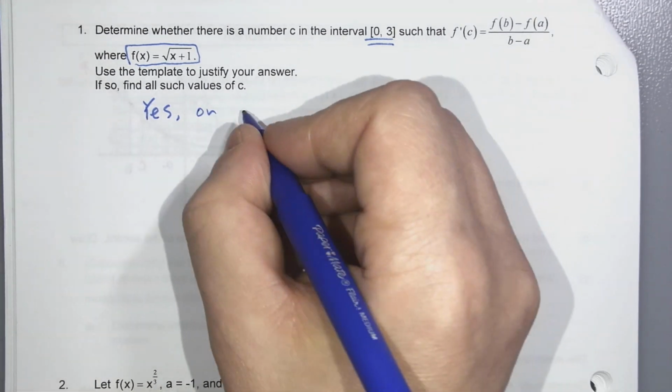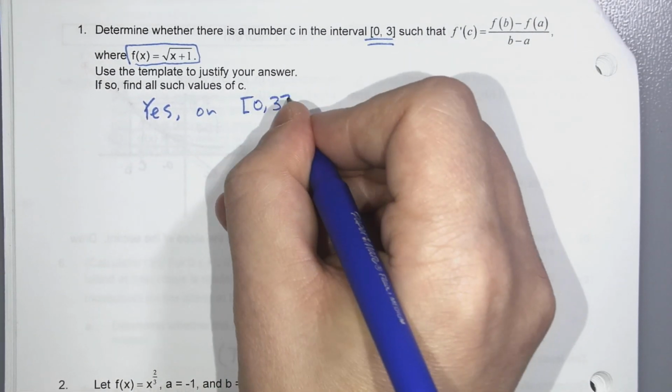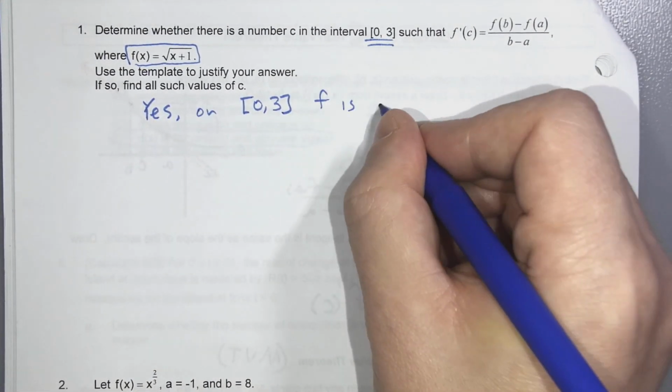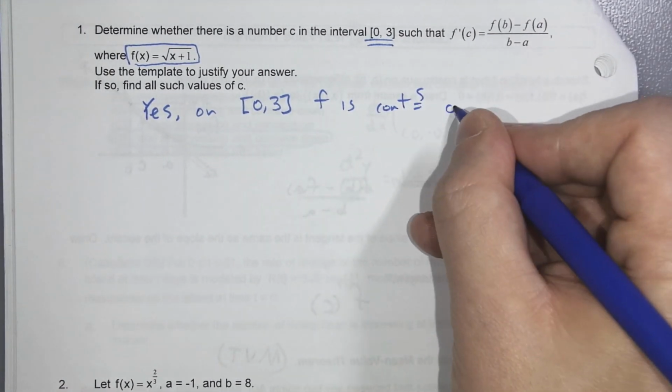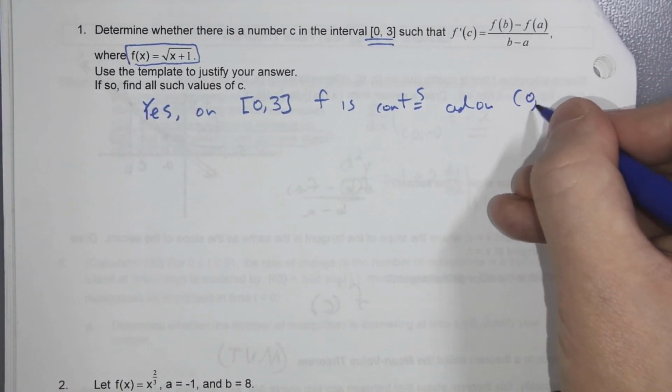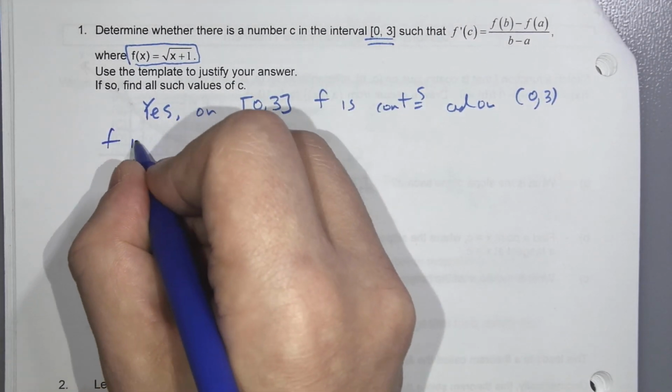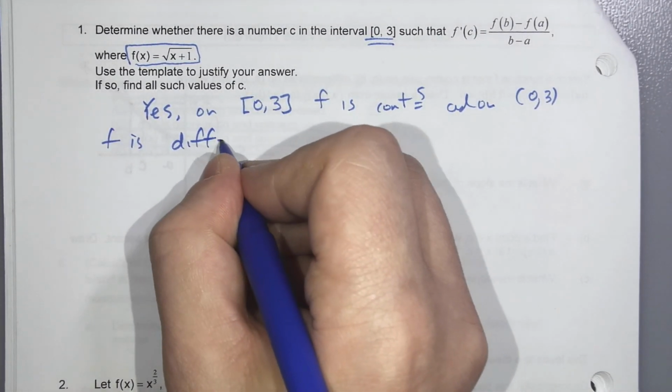on 0 to 3, f is continuous, and on 0 to 3, f is differentiable.